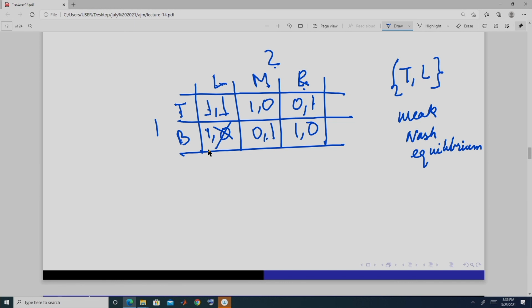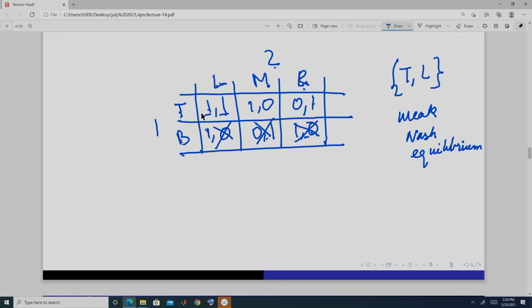And if player 2 plays M, player 1 switches to T. So, this is not a Nash equilibrium. If player 1 plays B, player 2 is going to switch to M, because 1 is greater. So, this is again not a Nash equilibrium.